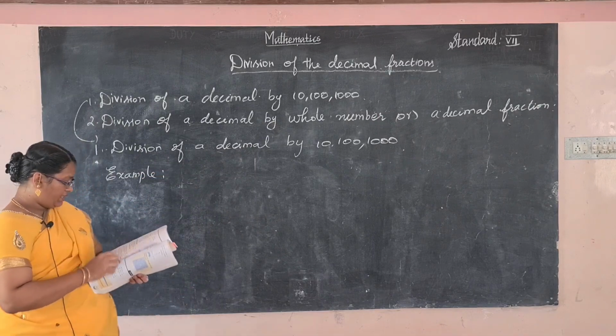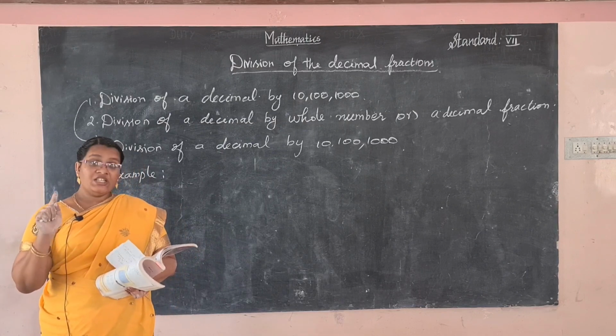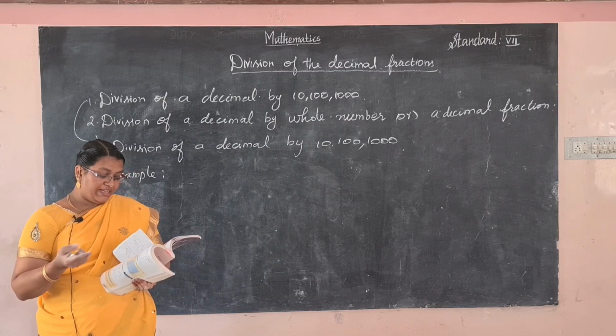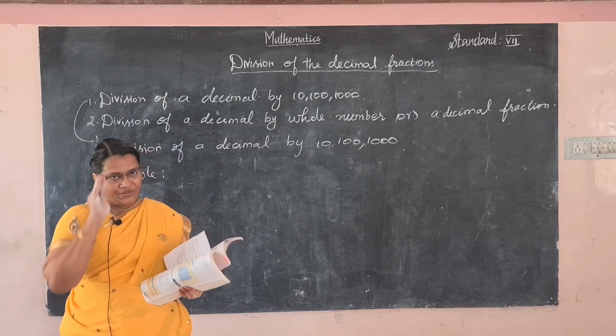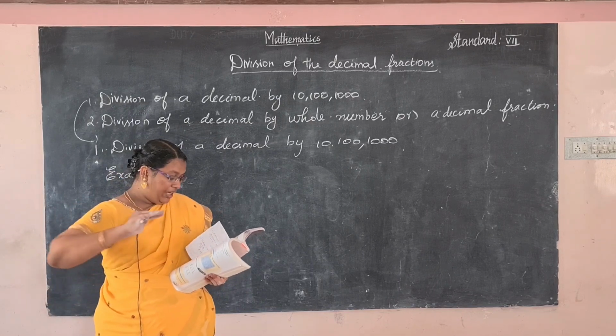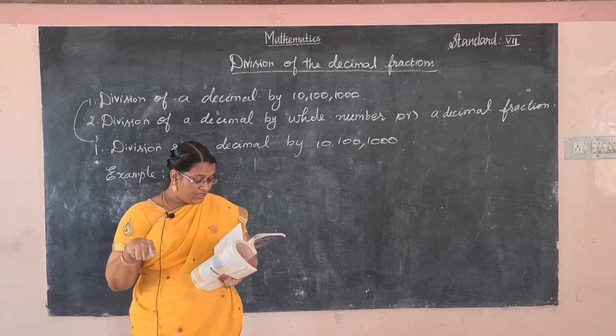Arun has, for example, 25 chocolates with him. He wants to distribute the chocolates equally among his 10 friends. So equally divide the chocolates among his 10 friends.